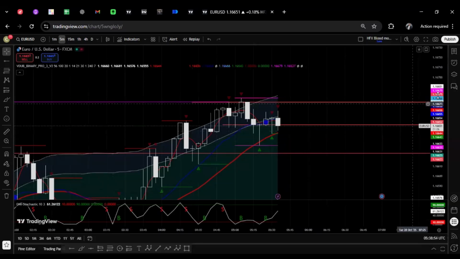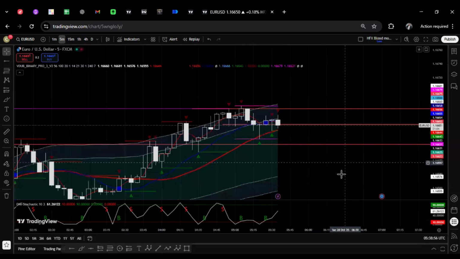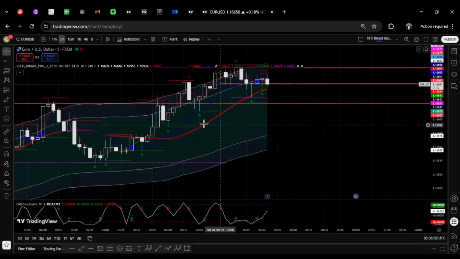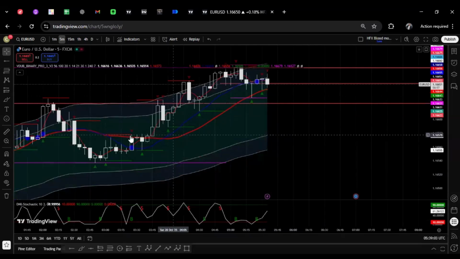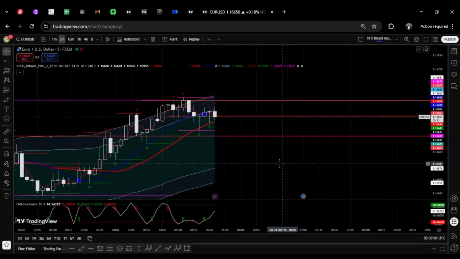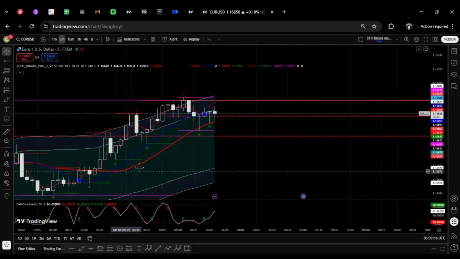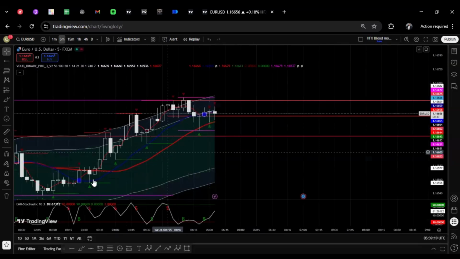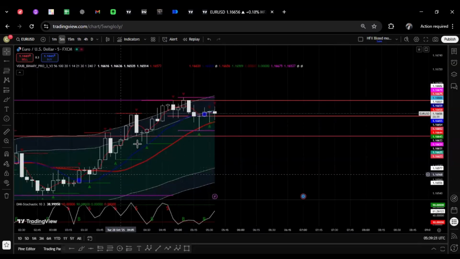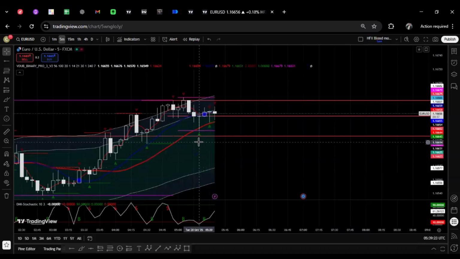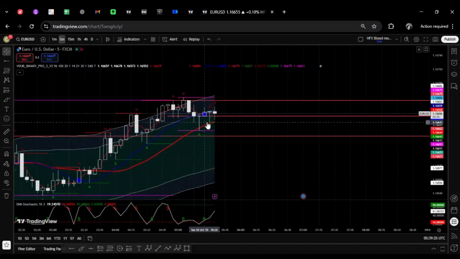Now, in this particular point, this EMA here, this red EMA right here, it works like a dynamic support and resistance, right? You can see how, first of all, it is below the market, right? The candles are above it, telling you that this is a clear uptrend.